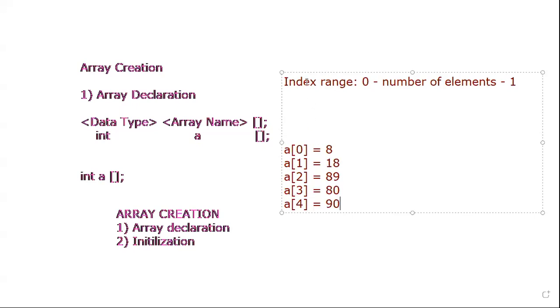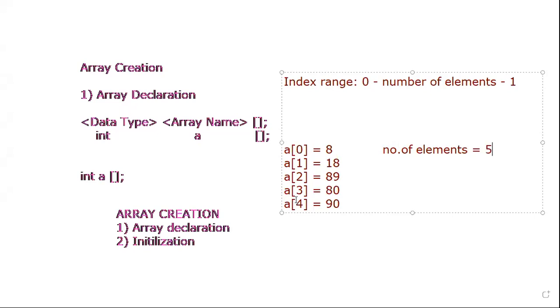When you take the index range, it starts from 0. What is the index of our last element? That is 4. So the number of elements equals 5, but our index is going up to 4.